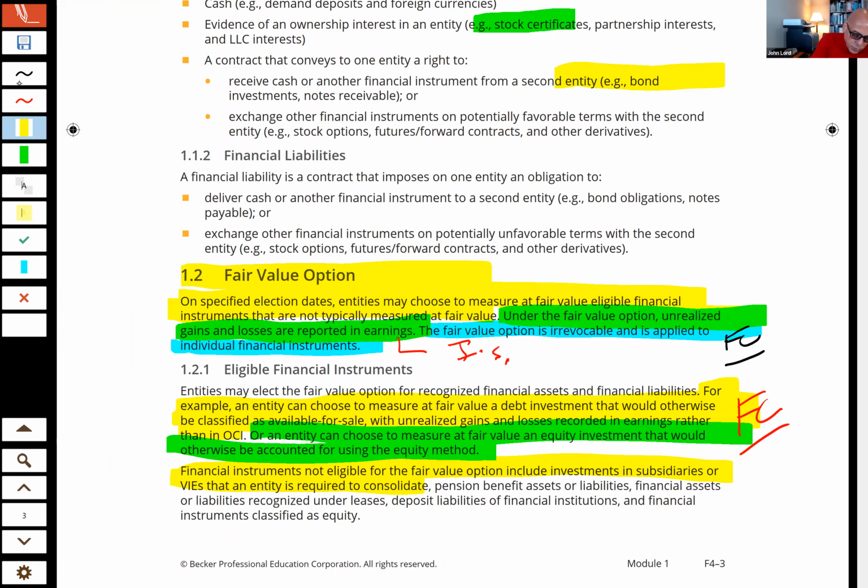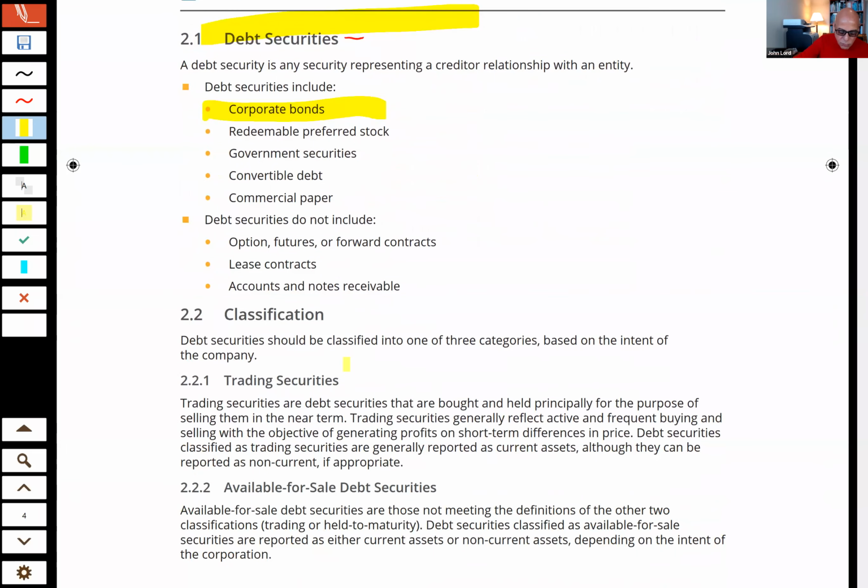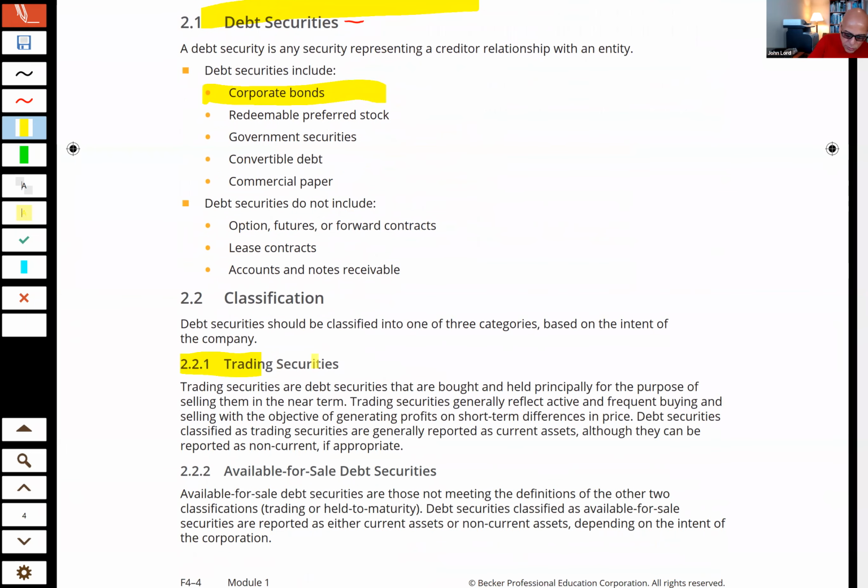Okay, good. Now let's start out talking about our bonds. We're calling them debt securities, but for the most part it's fine to just picture that we're talking about bonds, corporate bonds, whatever. Now we have one of three categories: trading, available for sale, or held to maturity.